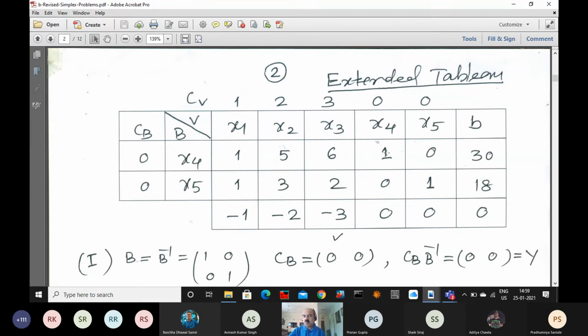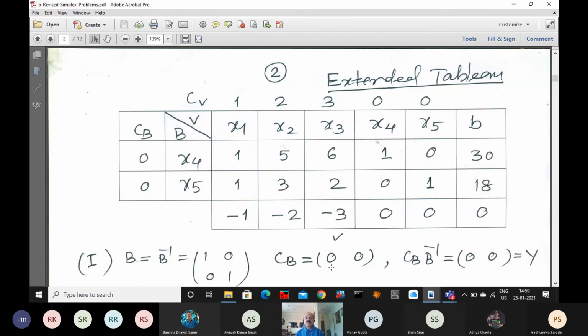If these 4 elements are 1 0 0 1, it is an identity matrix. Initially, for the first simplex table, the basis matrix is nothing but an identity matrix. So the elements are 1 0 0 1. Right? So what is B inverse? B inverse same.